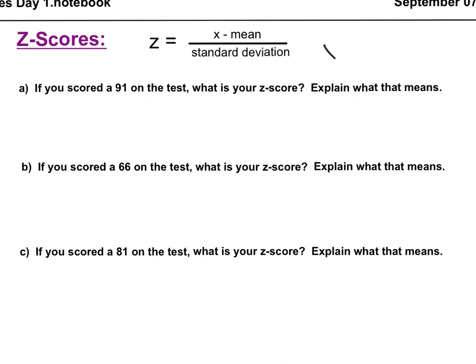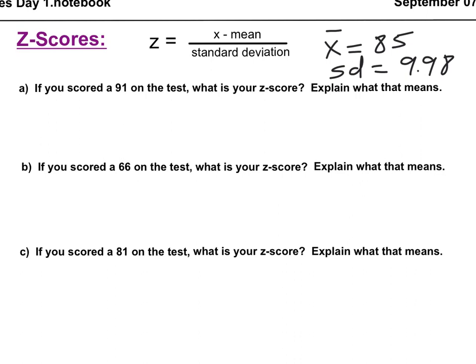Now to do this, we need the mean and the standard deviation, which I went and calculated for you. The mean, or X bar as we call it, is 85, and the standard deviation for that set of data is about 9.98. Okay?